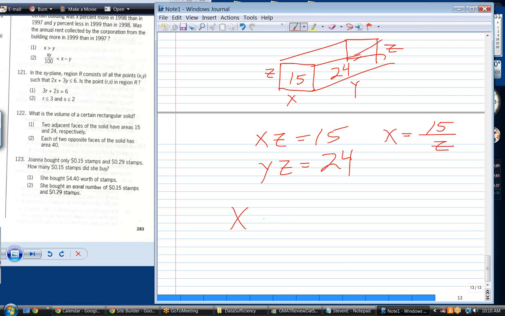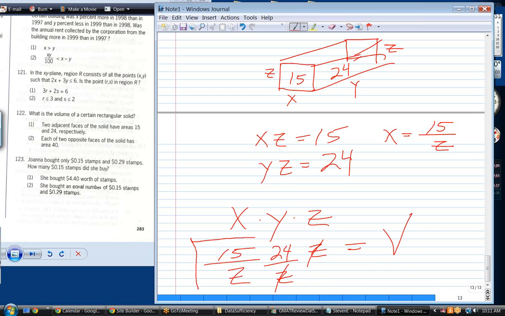So x times y times z would be 15 divided by z, times y, which is 24 divided by z, times z, equals volume. One of these z's cancels, but the other doesn't. So volume is a function of z, and we don't know what z is.